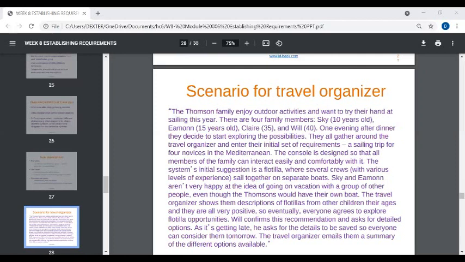So the following scenario for the shared travel organizer was elicited in an informal interview. This describes how one function of the system might work, to identify a potential vacation option. Note that these scenarios include details about a typical user and their needs. This is the kind of information that you might glean from a requirements interview.